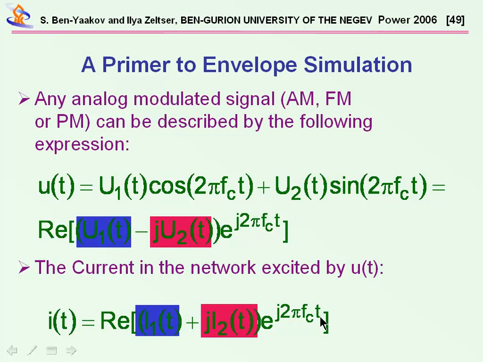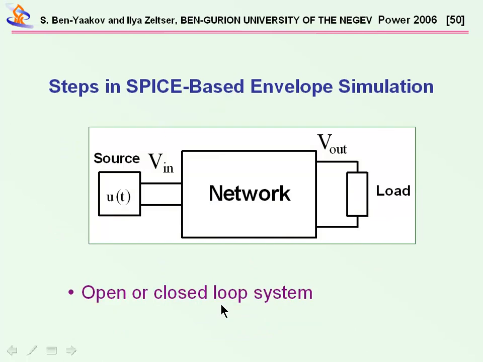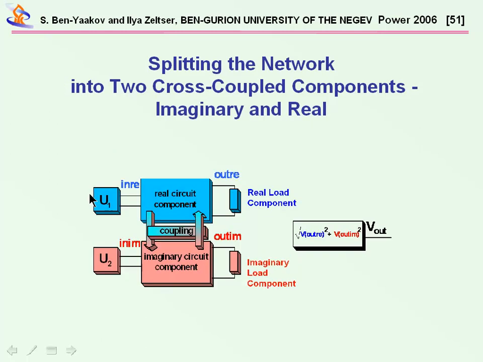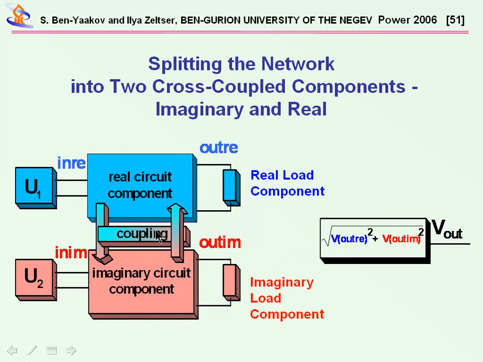And since we have two elements here, one real and one imaginary, we are actually running two circuits, one representing the real part and one representing the imaginary part. So we start with a network like this, which has a general excitation, and we break it into two parts, the real part and the imaginary part, and then combine them as the square root of the squares of each part.